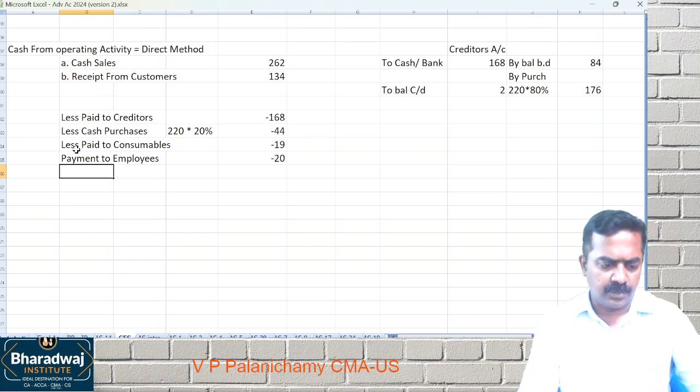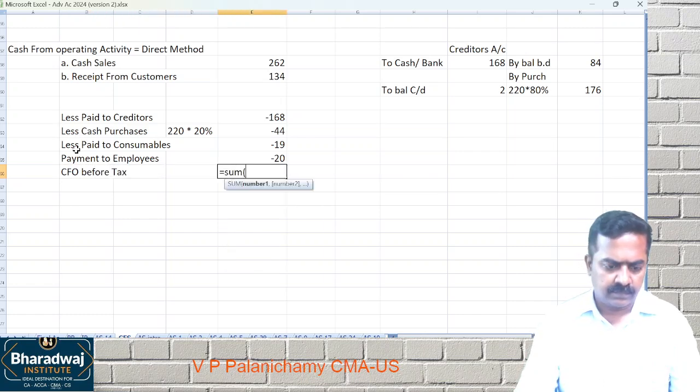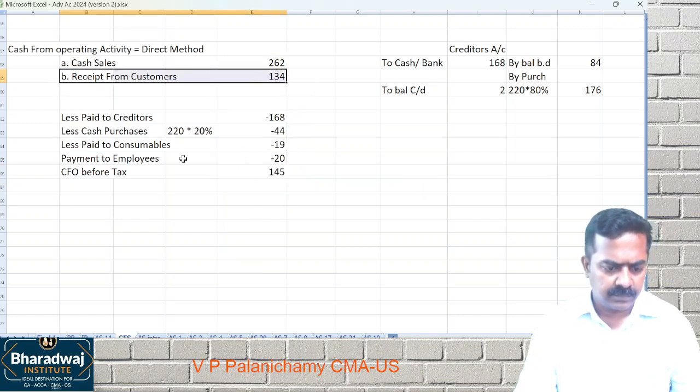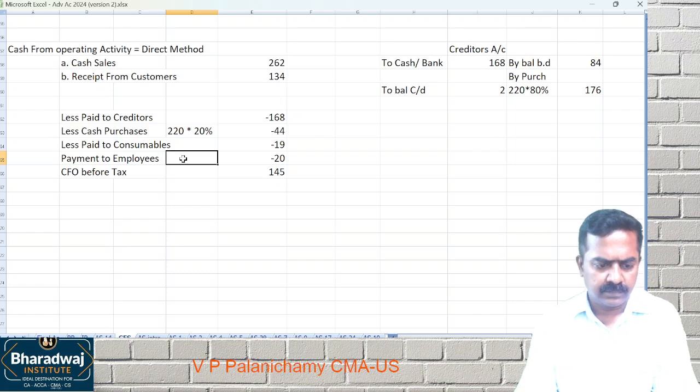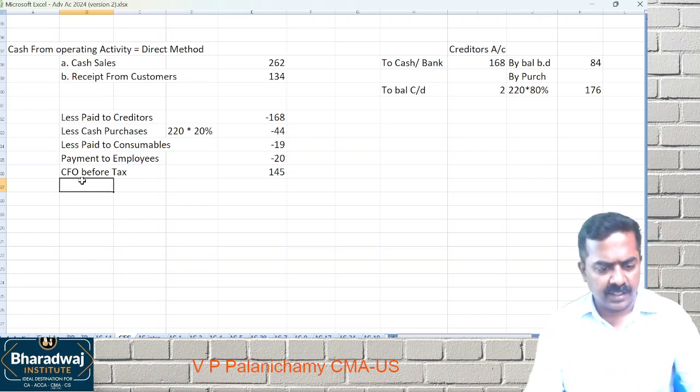this will give us CFO before tax. 140. Less tax, how much have you paid?